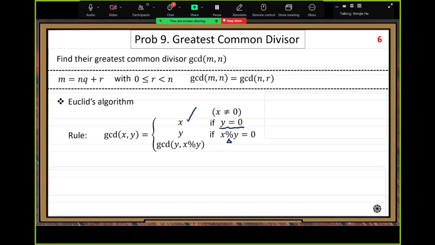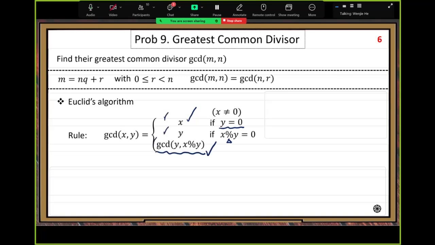But this is a recursive function call, so when you calculate this value, you apply these three cases another round.